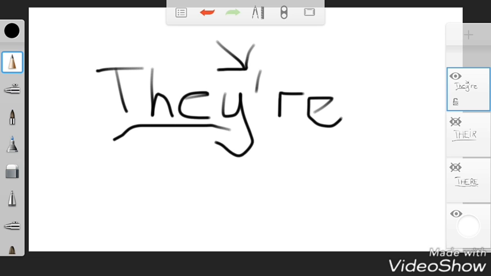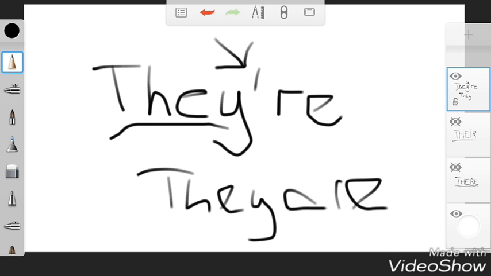Now the RE at the end, now the apostrophe denotes that there's an omission of letters and possibly a space. And in this example, the omission is this. If you were to take away the omission, you would have they are.